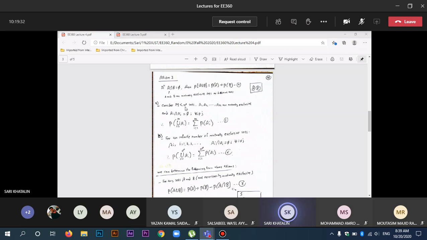If we have M sets where all of the sets are mutually exclusive, as shown here, then the probability of the union of all sets will equal the probability of each one of them added together, as in equation 5. So if you want the union of all these sets, you take the probability of each one of them and add them together. And 6 is similar to 5, basically. The only difference is M in this case goes to infinity.